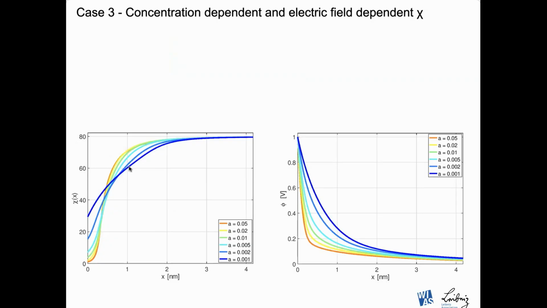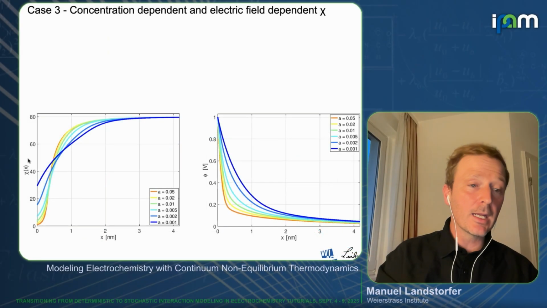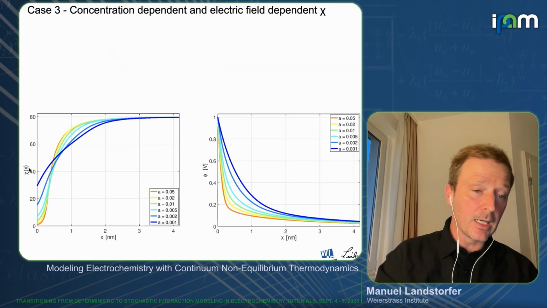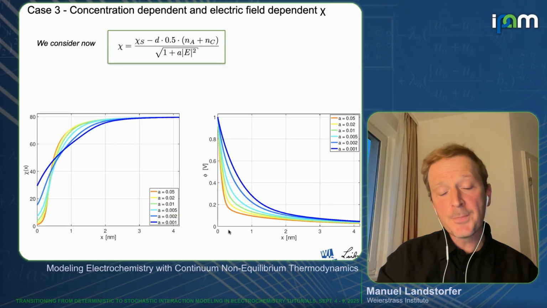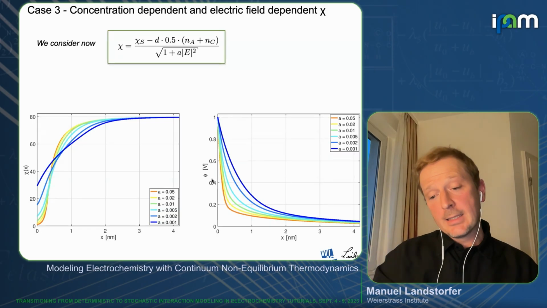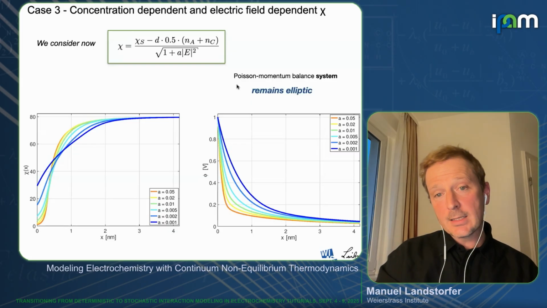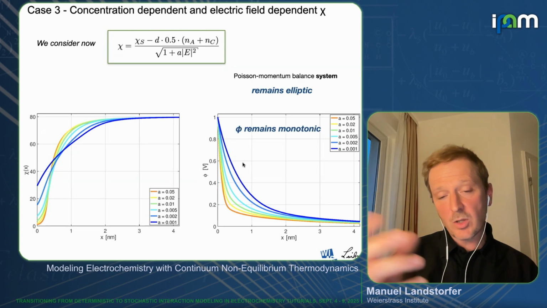And here is what you get. On the left side, again, dielectric susceptibility as a function of space for different parameters A, and on the right-hand side, the electrostatic potential. And the fact that the Poisson momentum equation remains elliptic coincides with the fact that phi remains monotonic.